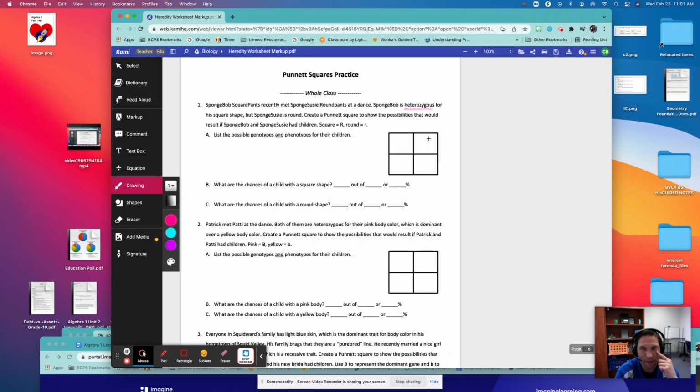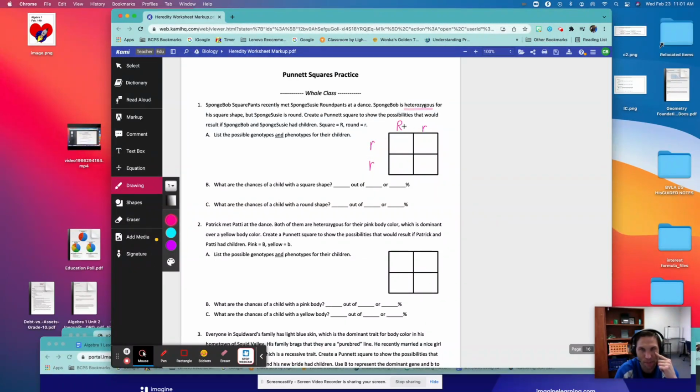Make the Punnett square. Well, I'm going to put SpongeBob up top. I know SpongeBob is heterozygous, so that means he has a big gene and a small gene. That's his alleles. And Sponge Susie, it says, is round, where square is dominant, so that means that she is homozygous recessive.